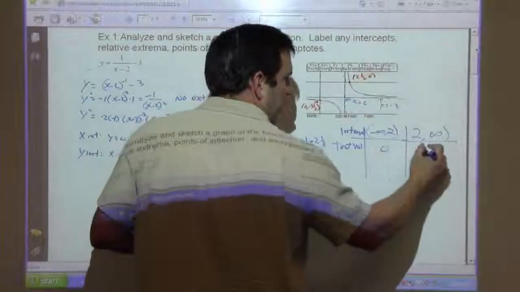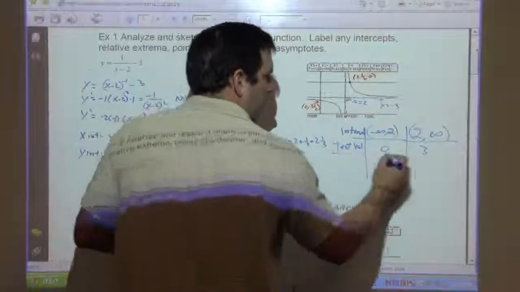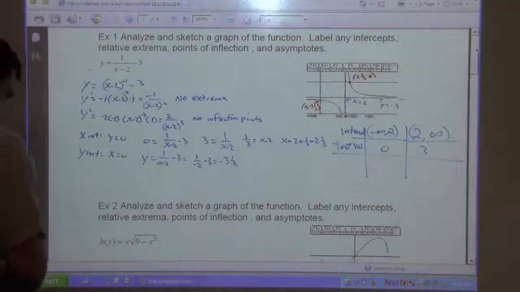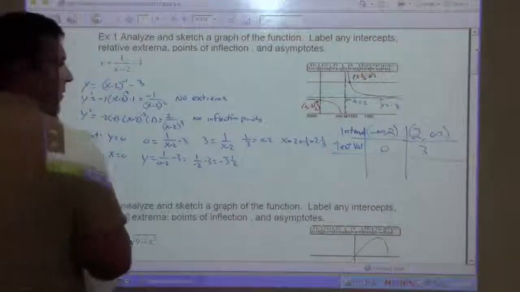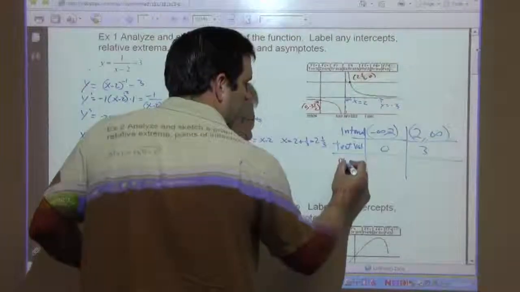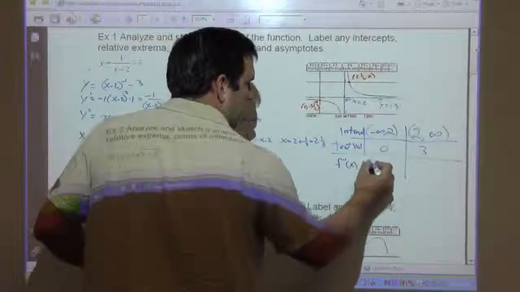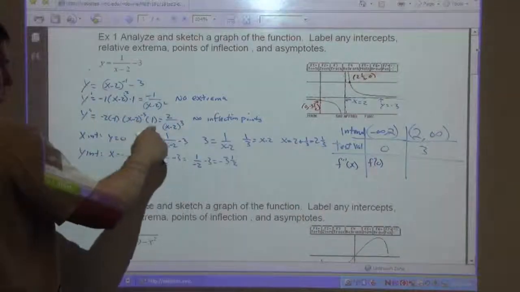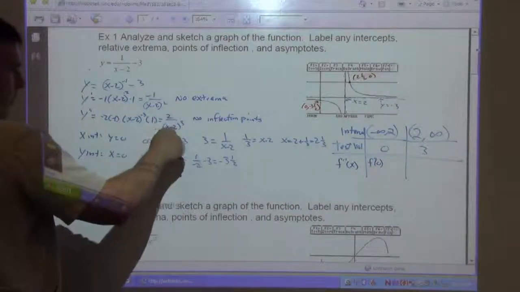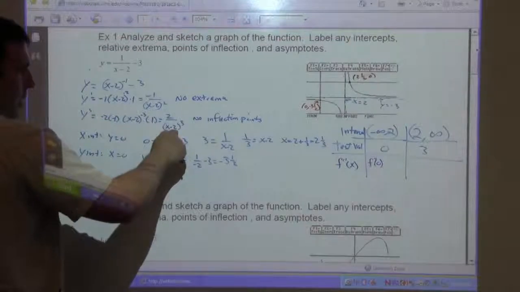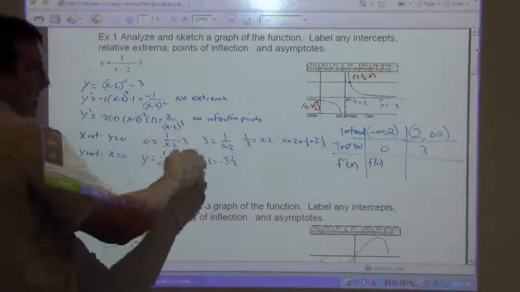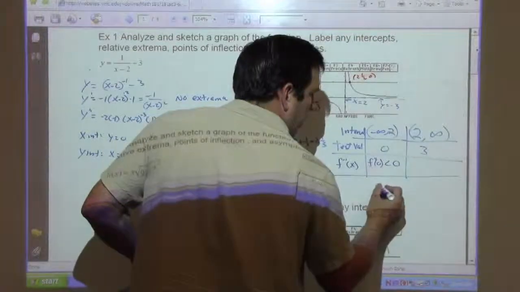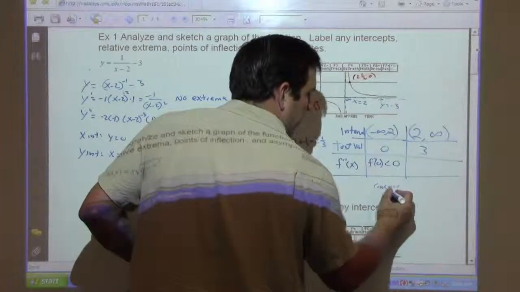Let's go with 0 here and 3 there. So f double prime of x, so here we're looking at f double prime of 0. If you put 0 into this, it's 2 over 0 minus 2 cubed. That's going to be 2 over negative 8. That's less than 0, so that means you are concave down.